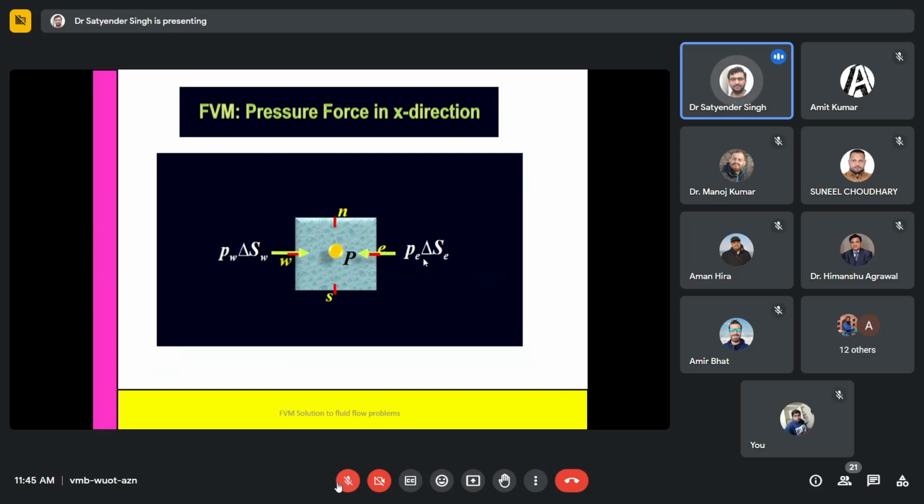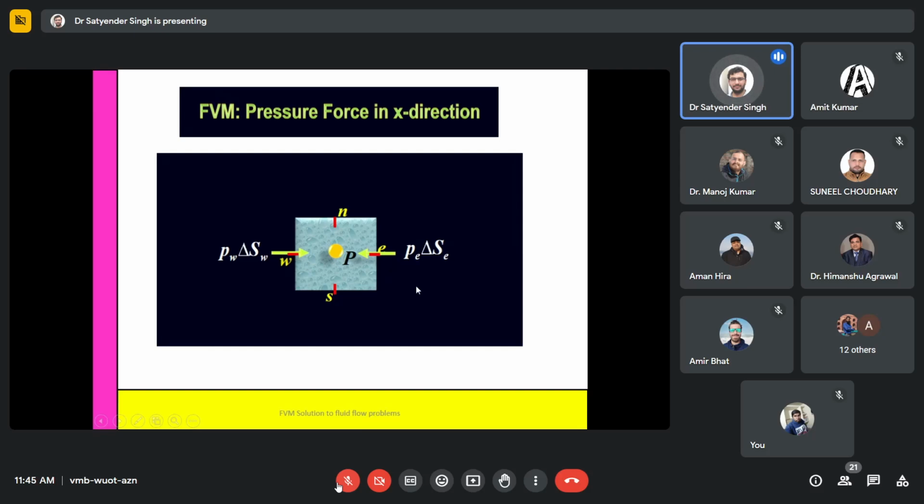And this is for the source term. So pressure is applied on the control volume in the x direction, because we have for pressure a first order differential only. So pressure in the x direction, we will simply balance it in the x direction. This is a positive direction, this is a negative direction. Accordingly we will write them in the form of fluxes.